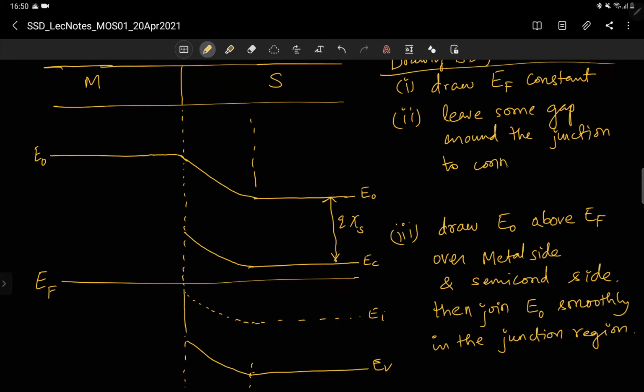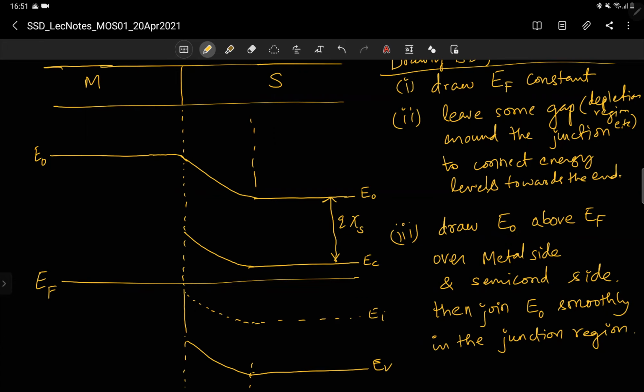Leave some gap around the junction to connect energy levels towards the end. So leave some gap, like for example, the depletion region. Leave some gap around the junction to connect energy levels towards the end.